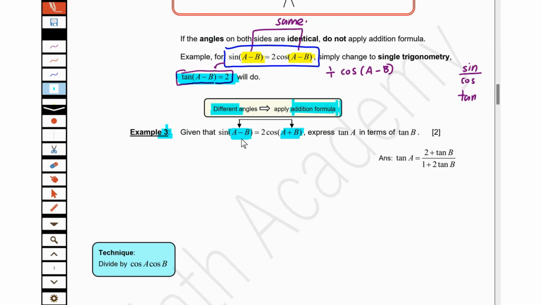Now, the angles are different. Definitely, you have to apply the addition formula. Okay, straightforward, nothing special. Just apply the formula first. On the left hand side is a sine as a starter.